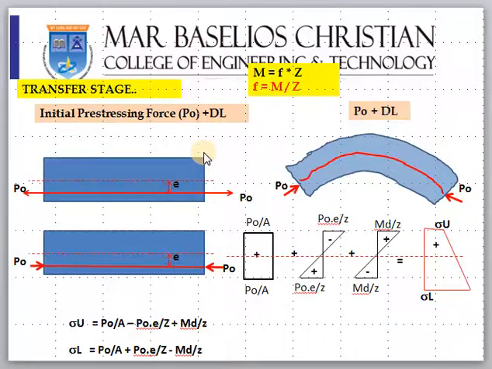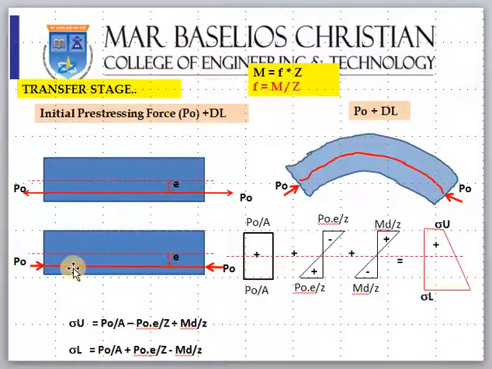Let us say this is a concrete block, and the tendon is placed at an eccentricity e from the center of gravity, and the initial prestressing force is P0. Once the concrete is cast and has attained strength, we cut the steel here. So what will happen? The steel will come back. It will push the concrete.